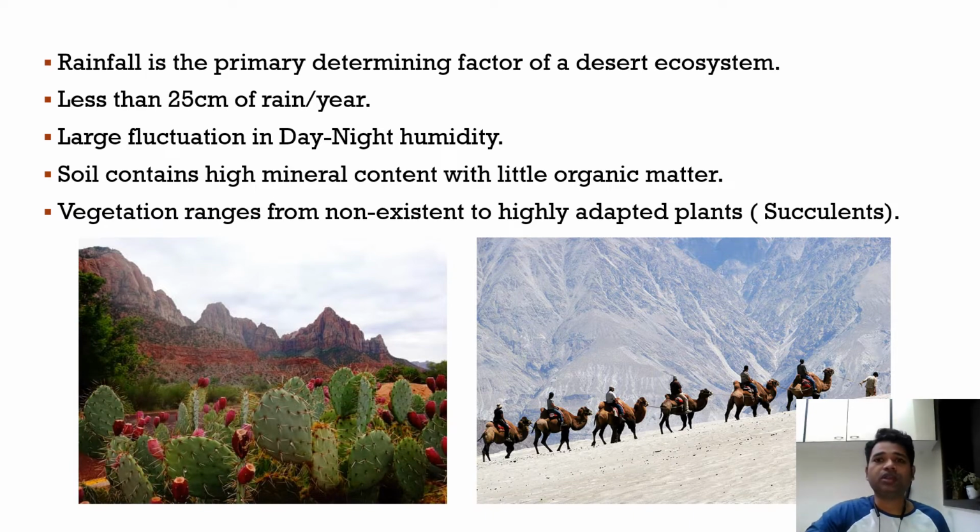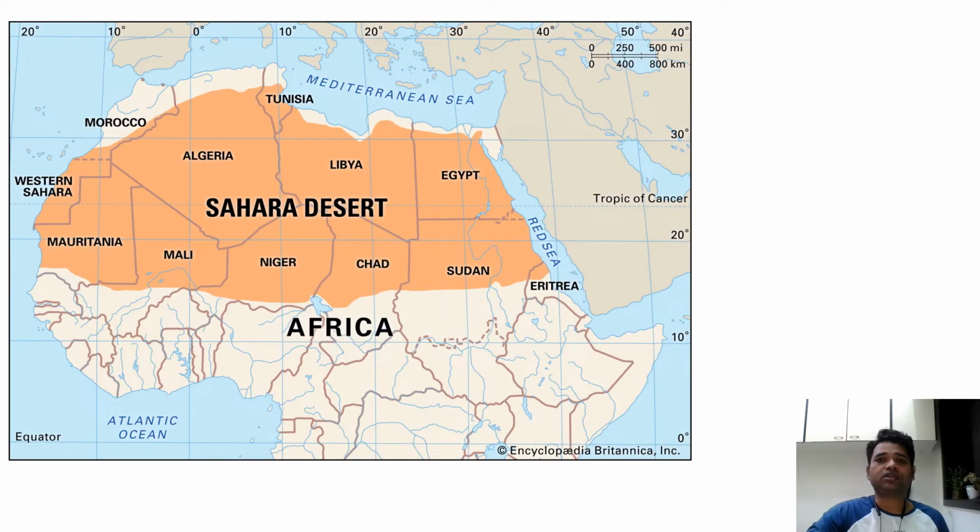Now, if you look at the Sahara, the Sahara desert is the biggest desert in the world. It is as large as the United States of America. It's such a big desert. It contains a number of countries, like Mauritania, Mali, Niger, Algeria, part of Tunisia, Morocco, and other countries as well.